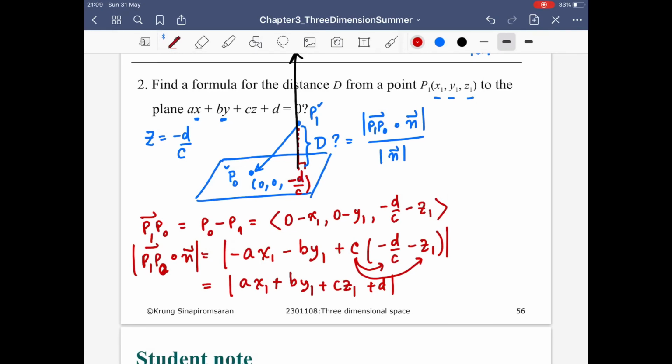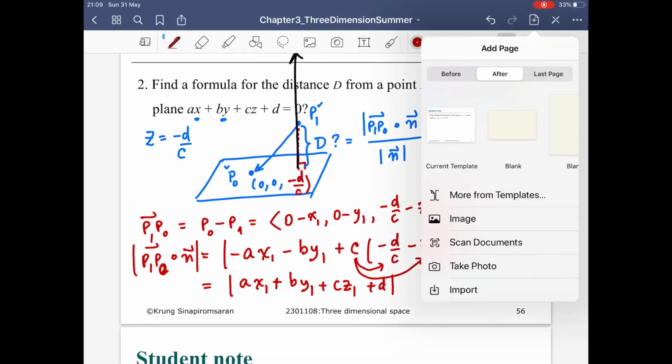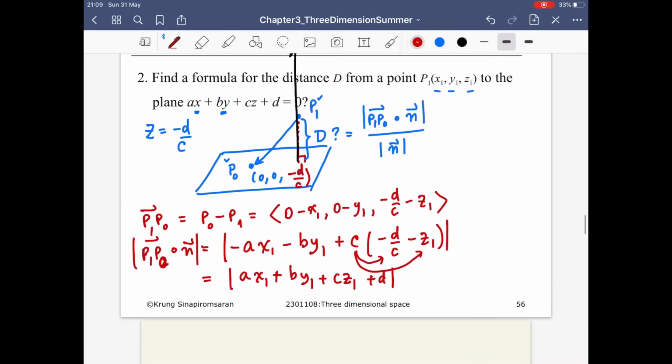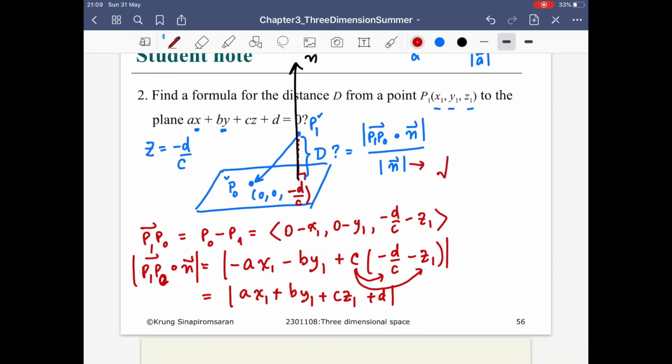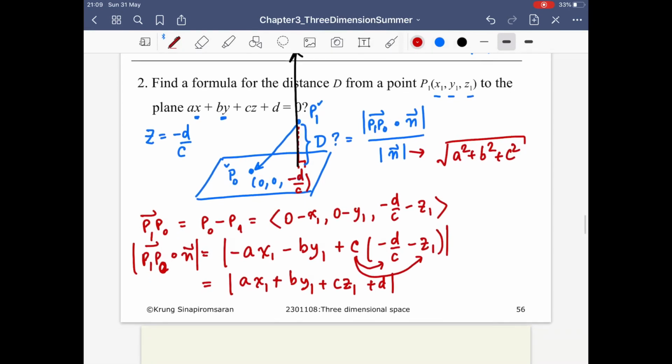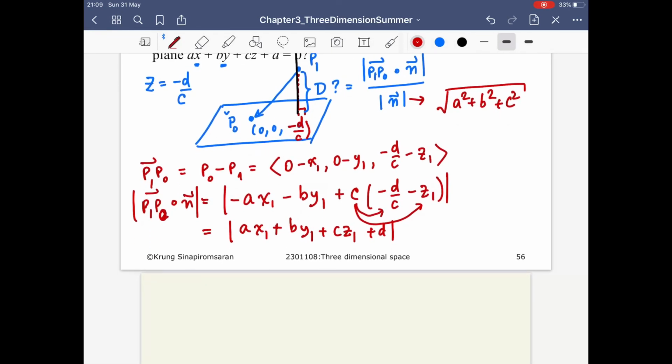And of course, the length of your normal vector n is simply the square root of a square, b square, and c square. Okay, so the formula of the distance d, let us conclude it here.